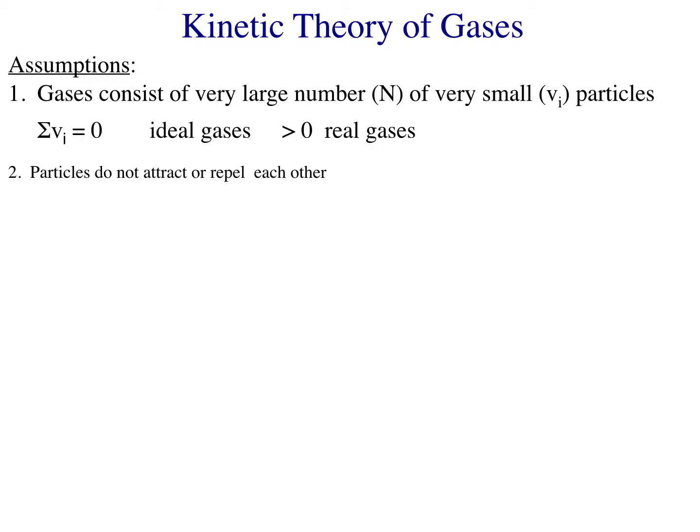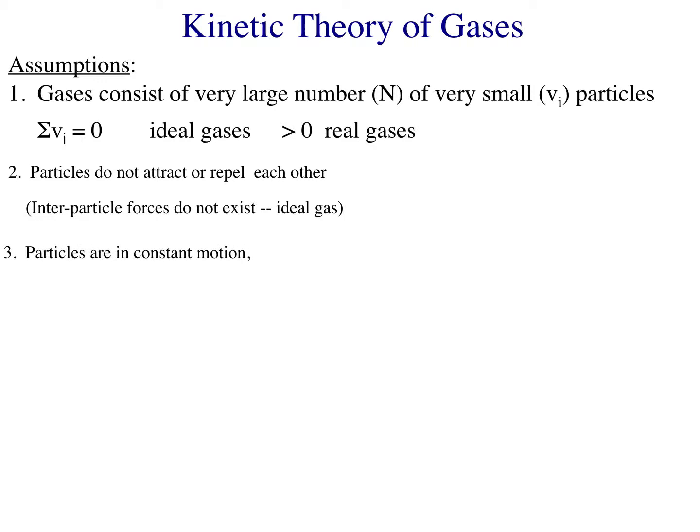In real gases, however, there are weak interactions between particles, and that is a source of deviations from the ideal gas law, which again we will discuss under the Van der Waals equation. For now, we will say particles do not attract or repel each other, so interparticle forces are 0.